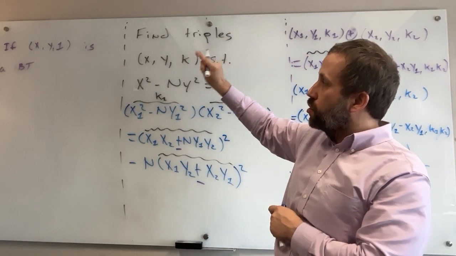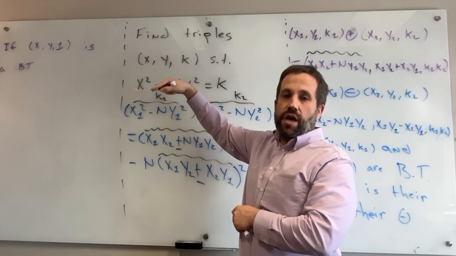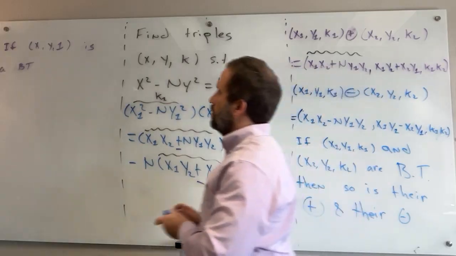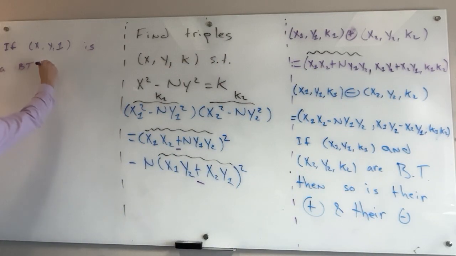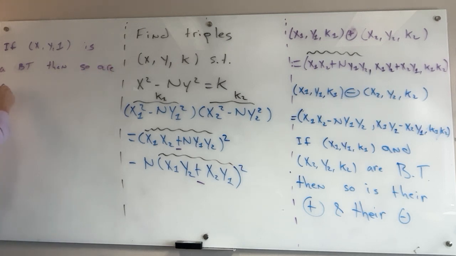So if we have found one, if that's a Brahmagupta triple, then what we can do is just sum this or compose it with itself. Then so are x, y, 1. We can either do the plus 1 or the minus 1. And notice now the formula is going to work out very nicely.